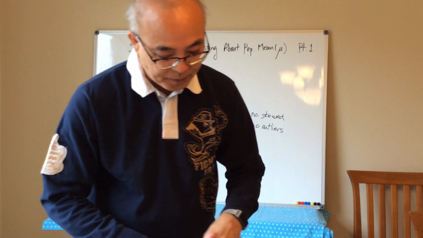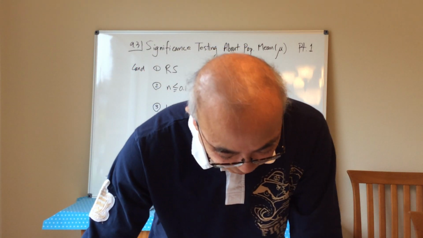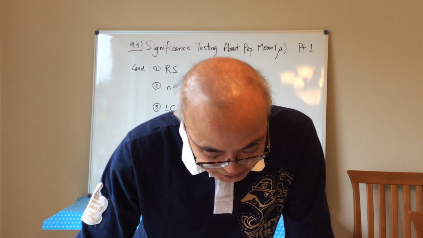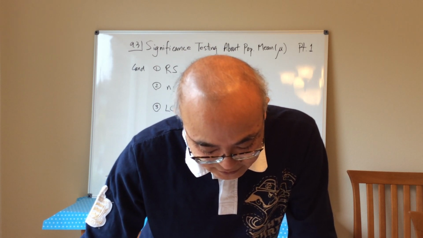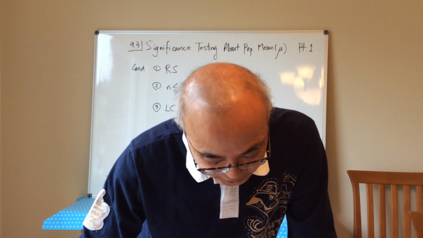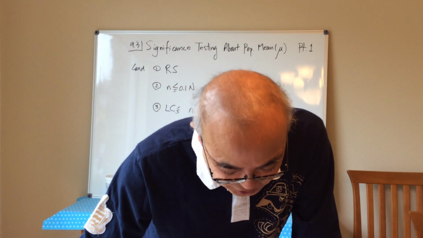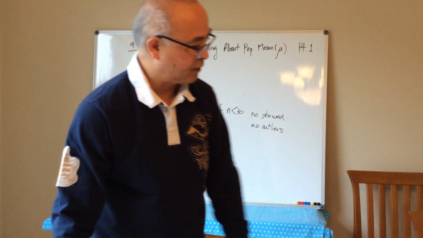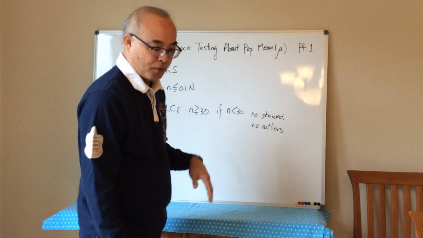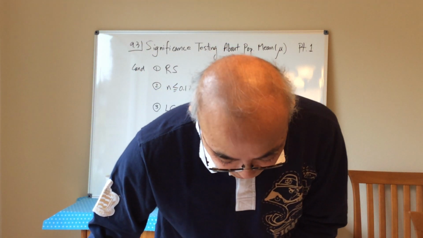So let's do the example. In the example we have, here are the lifetimes in hours of 15 deluxe AAA batteries from the company's simple random sample. Okay, so check to see if the conditions for the significance tests are met. Okay, it's a random sample. Does it say it was a random sample?